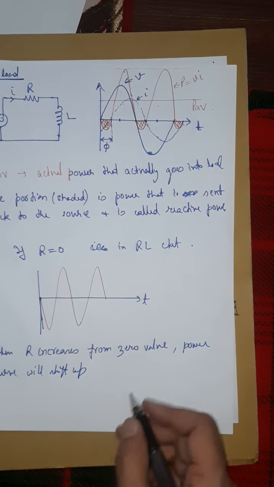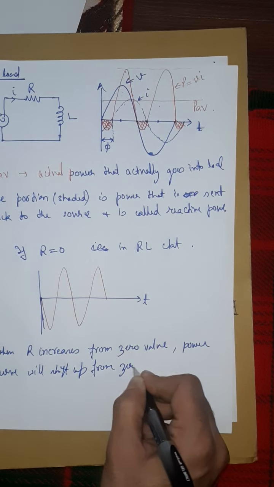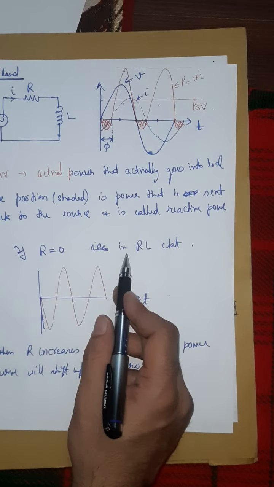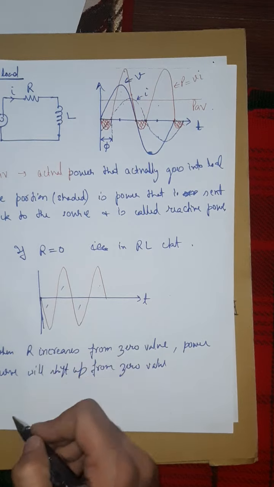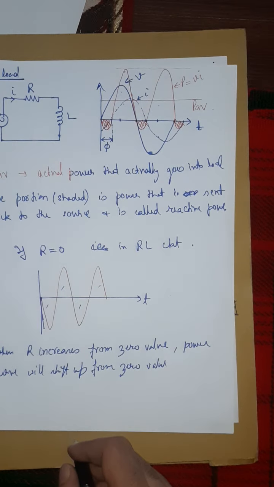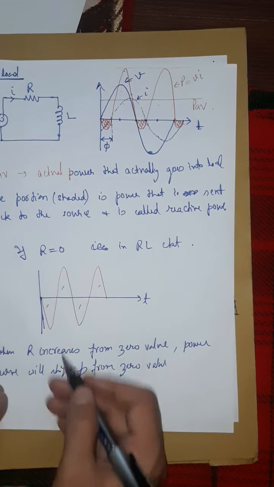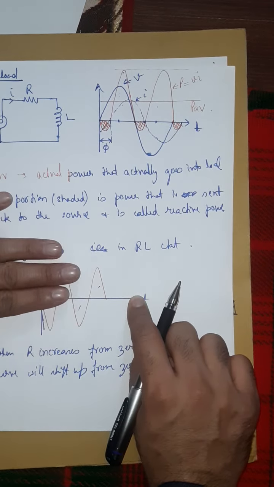Why from 0 value? Because if R is equal to 0, then it will be purely inductive. This area will be equal to this area will be equal to this area, and average power will be equal to 0. So if R increases from 0 value, the power curve will shift up. This whole curve, the time line is here, this will shift upwards.